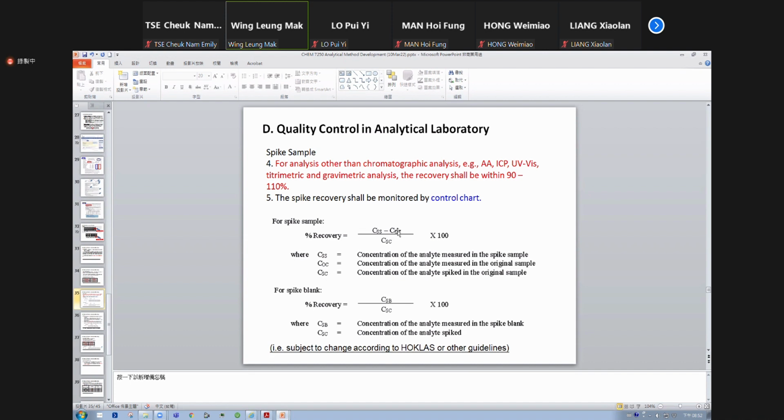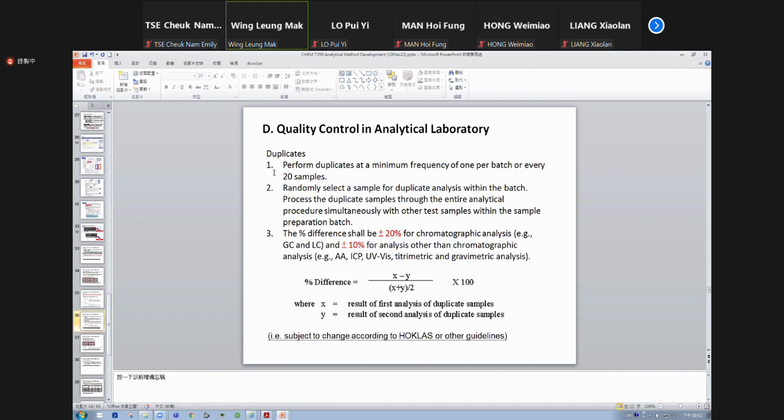If you get 100 ppm, 100% recovery, very, very good. If you lose something, 99%. If you get more, maybe due to the fluctuation of the measurement instrument, you will have a result more than 100%. Don't be afraid if you get a high concentration, more than 100%. Okay.